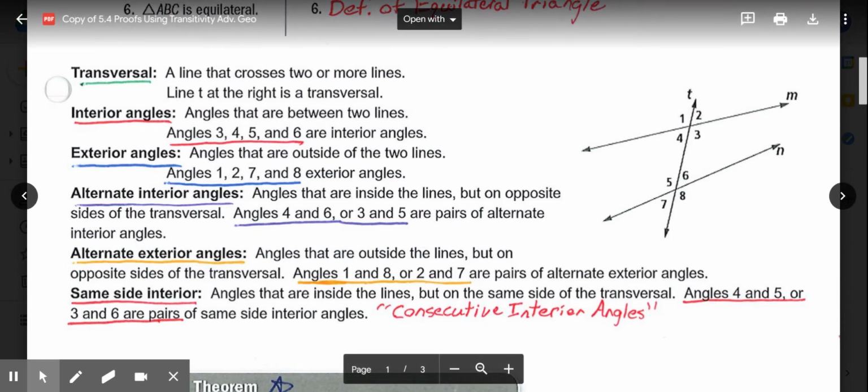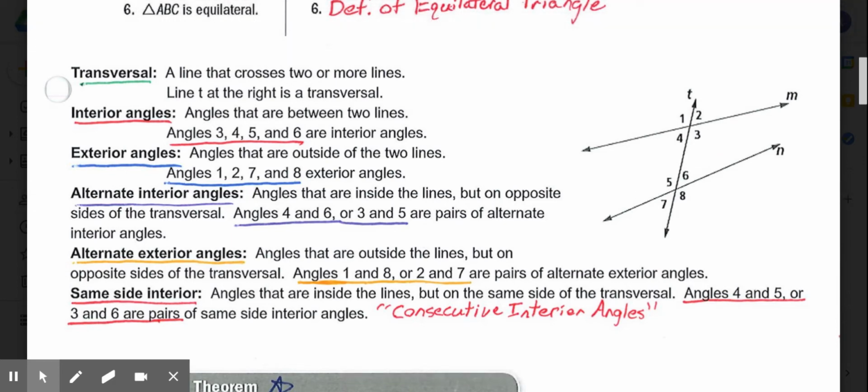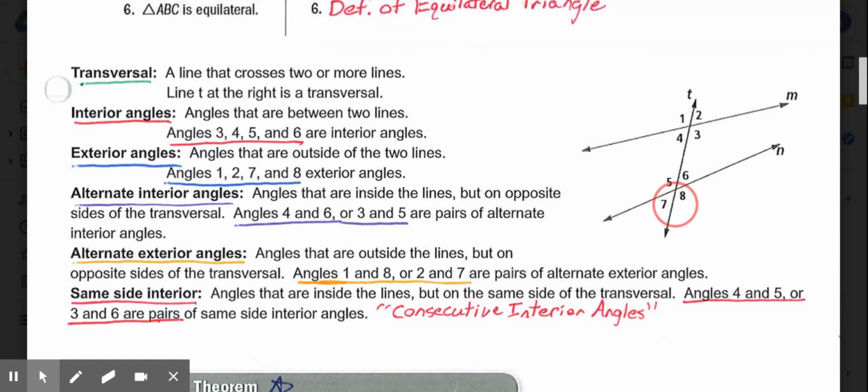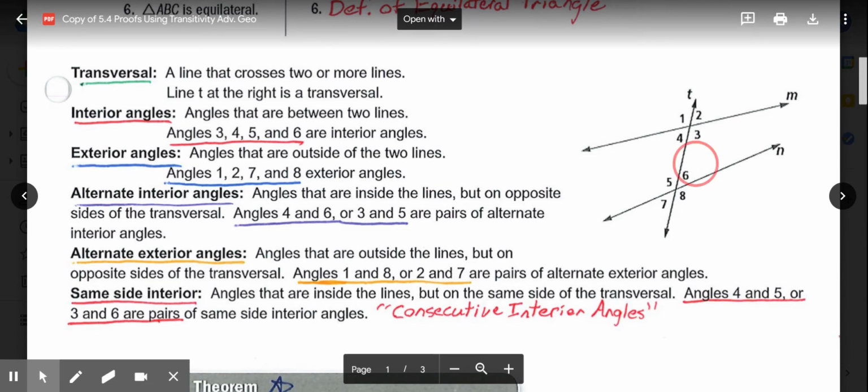Our exterior angles are the ones along the transversal outside of the two lines. So angles 1 and 2 and angles 7 and 8 are exterior angles. And then we have two special relationships. Alternate interior angles are on the inside but opposite sides of the transversal.